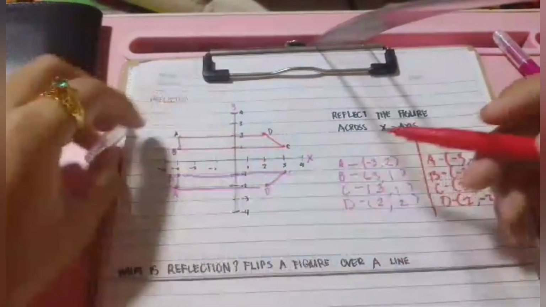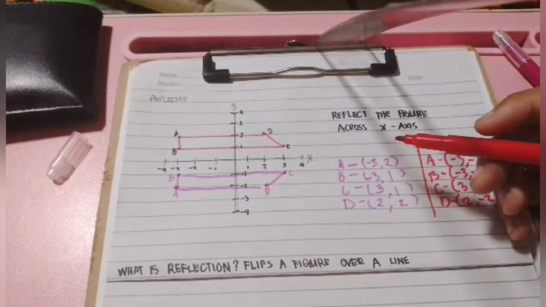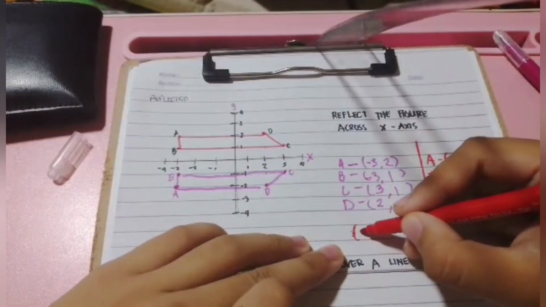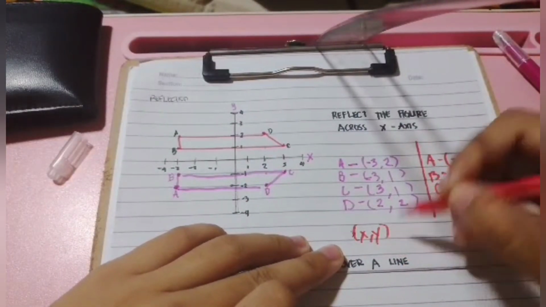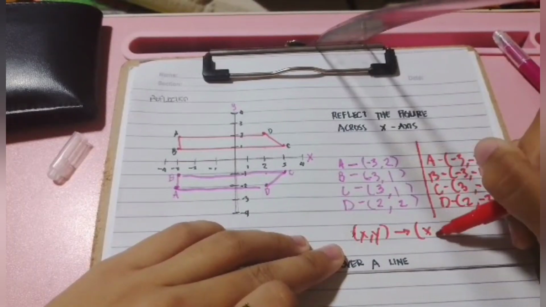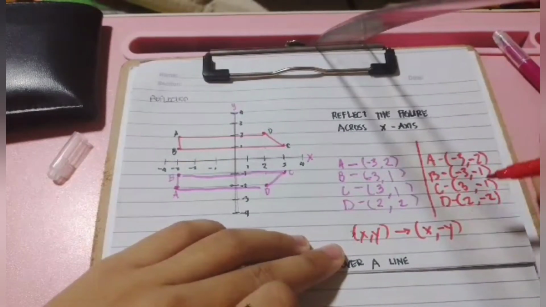So, in other words, the rule is if positive x, y is, x, negative y.